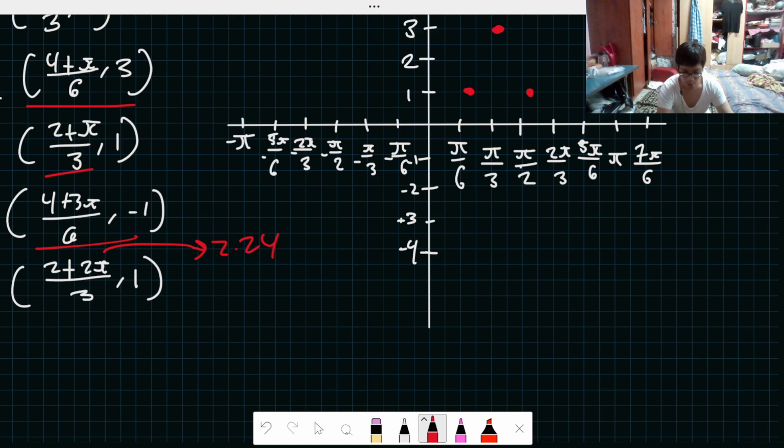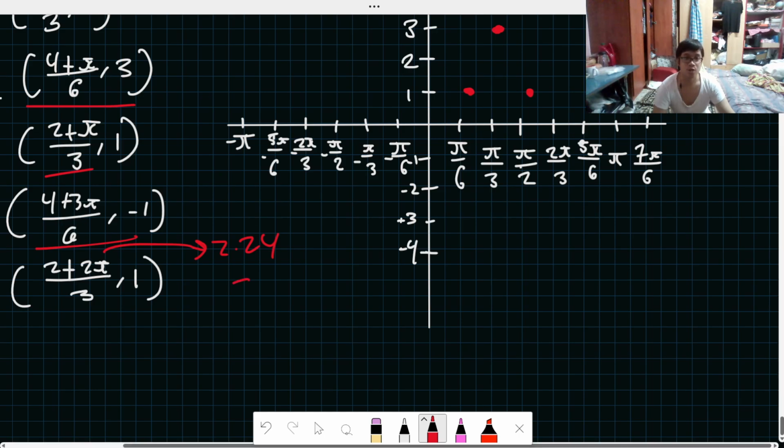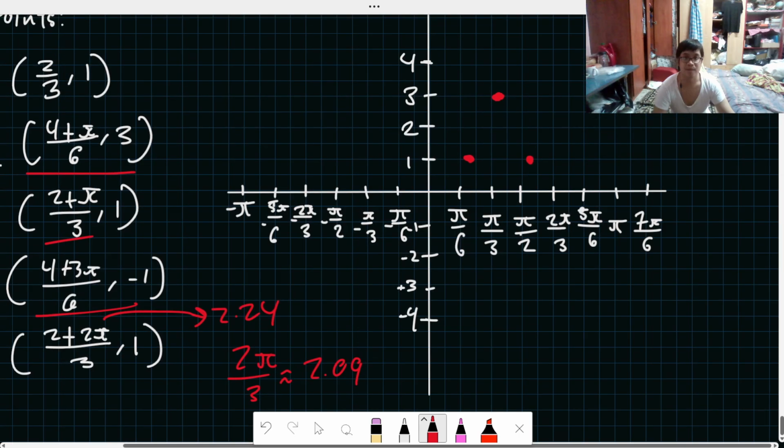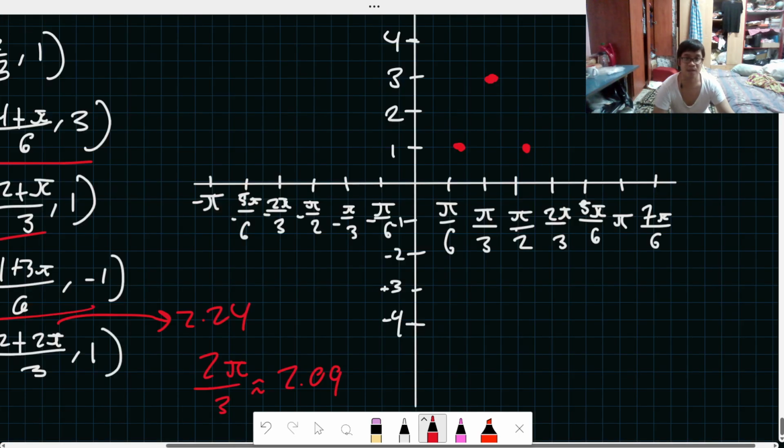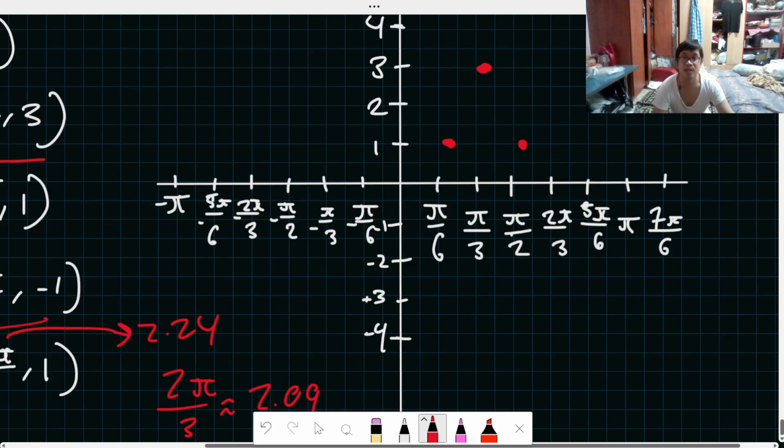Let's take a look. Yes, it's closer to 2 pi all over 3 because you see 2 pi all over 3 is approximately 2.09. So that means I can estimate that 2.24 is just near here.